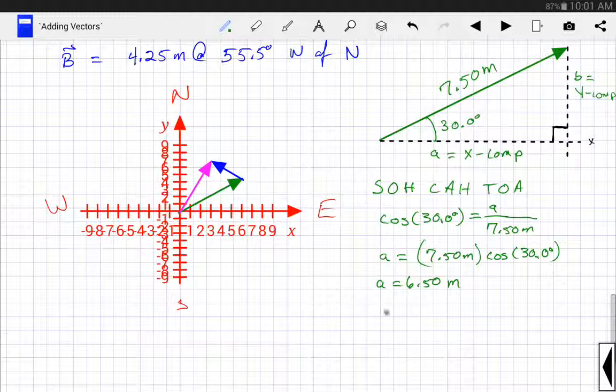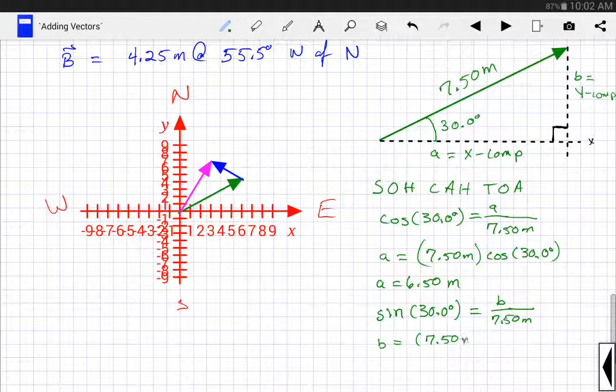So doing just like I did before, the trigonometric function that relates opposite and hypotenuse is going to be sine. Hence I have sine of 30.0 degrees is equal to B over 7.50 meters. Solve that for B. B is equal to 7.50 meters times sine of 30 degrees.